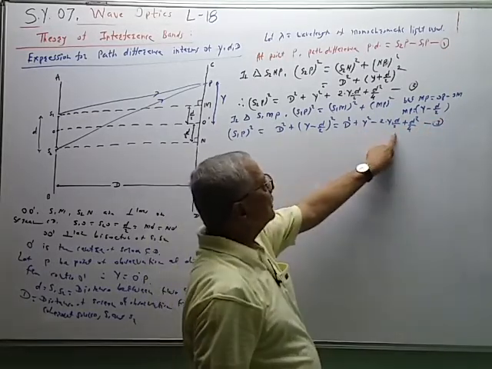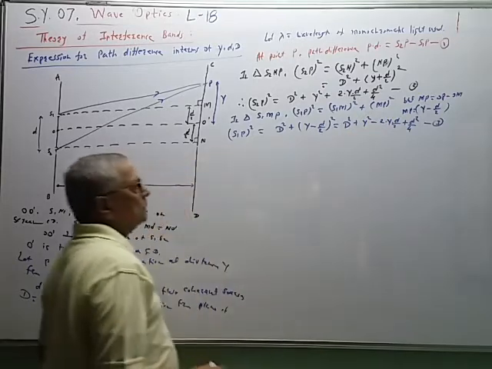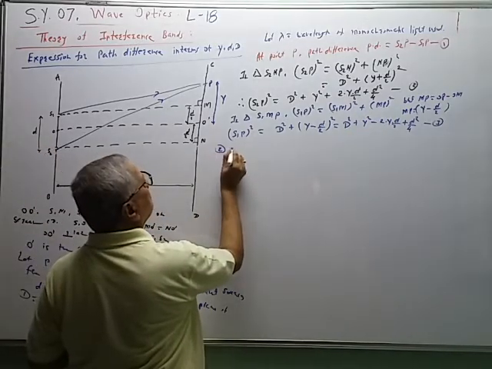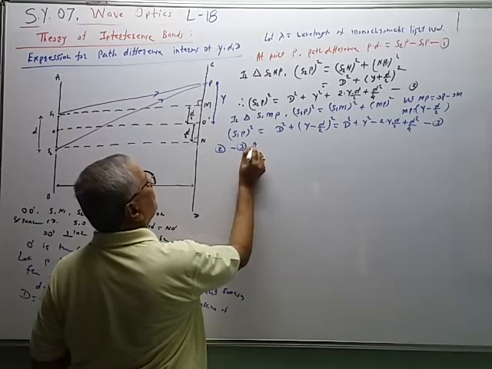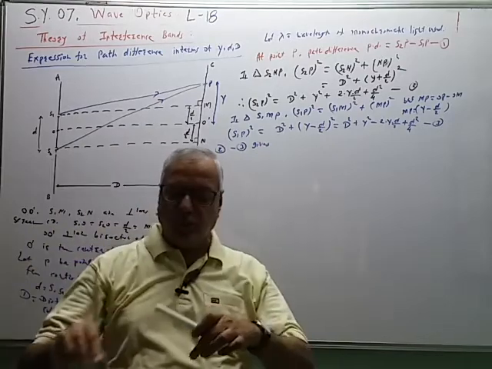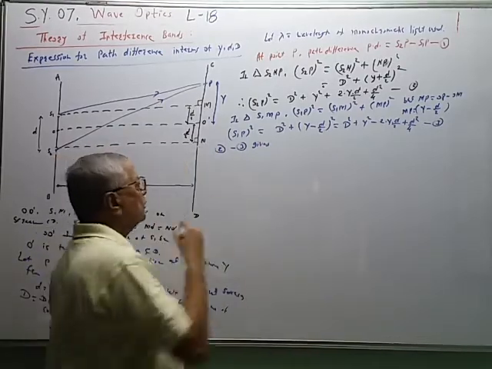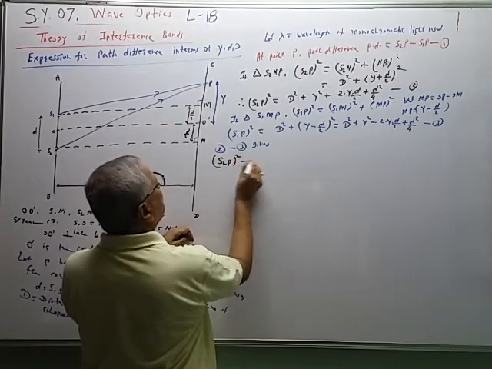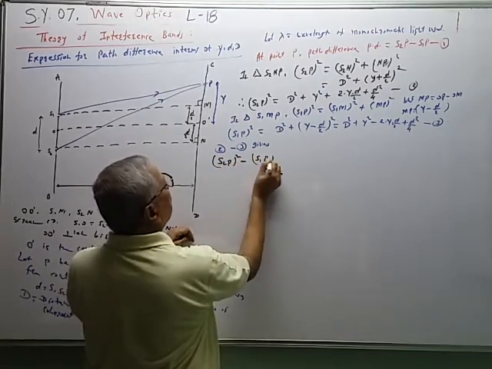So this D square will get cancelled, this D square will get cancelled. So 2 minus 3 gives S2P square minus S1P square. This is simple mathematics. You can also give the value directly.